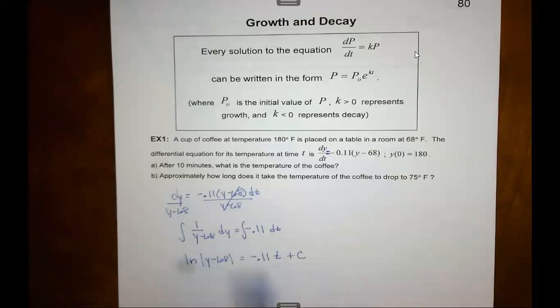So e to the power negative 0.11 t plus c will equal y minus 68. And remember that this is e to the negative 0.11 t times e to the c, because the addition was multiplication before. And we talked about this, that it's just an unknown constant, so we can place it at the front. It's just a constant times e to the negative 0.11 t power equals y minus 68.